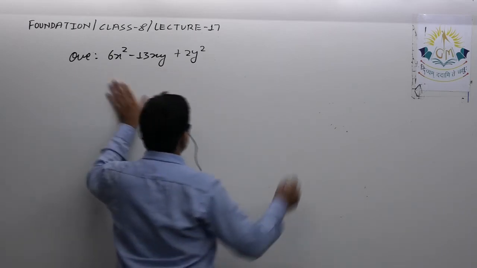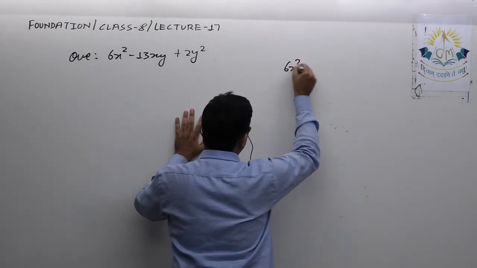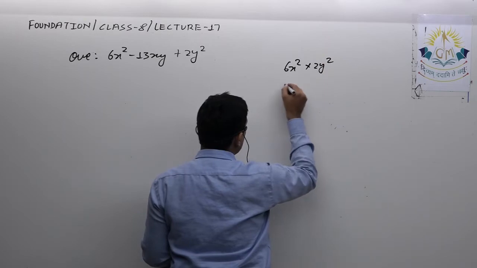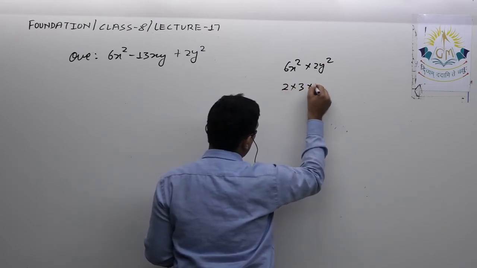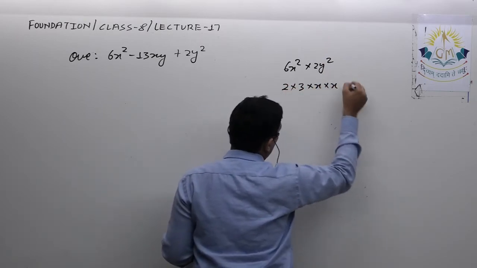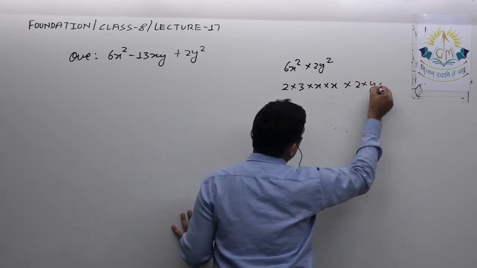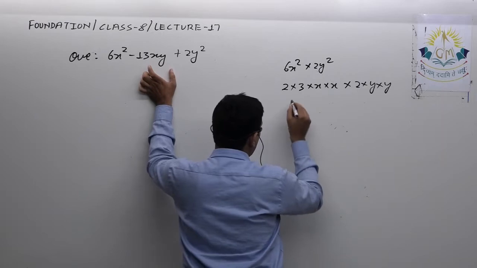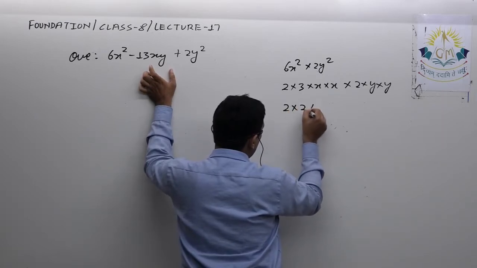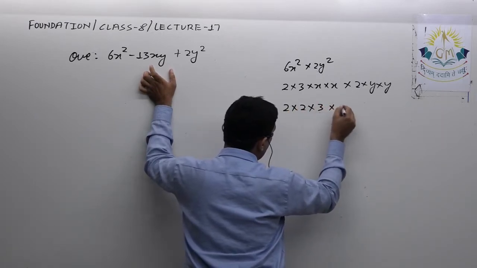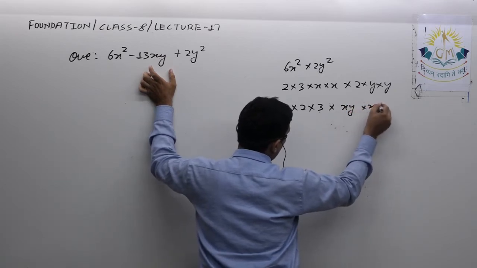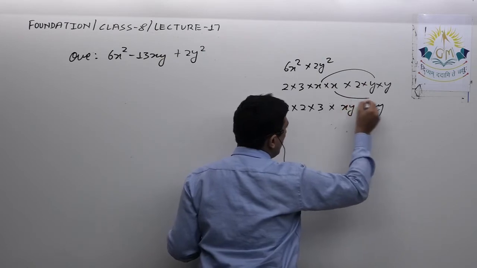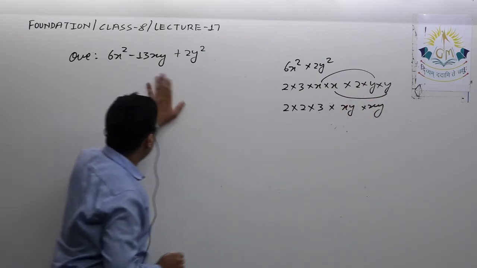Here first is 6x square, then 2y square. So if I find the factors, I will get 2 into 3 into x into x, and over here 2 into y into y. Here it is xy, so I can say we have 2 into 2 into 3 into xy into xy. I took this xy together and these two xy together, because I need xy over here.